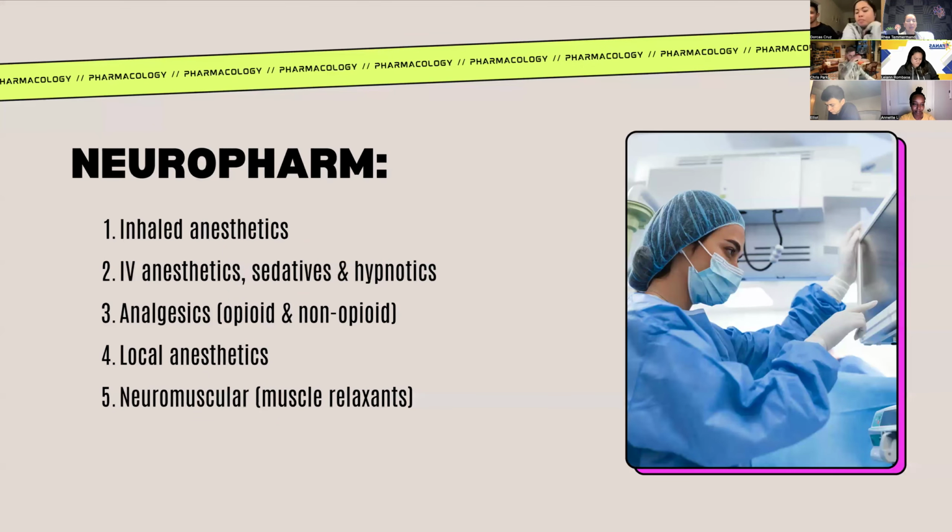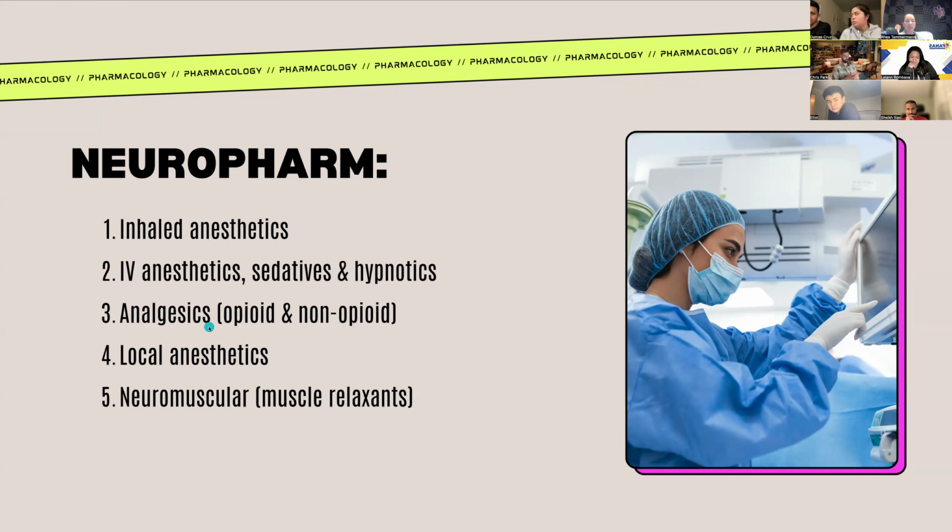Neuropharmacology. What are the top medications that we're going to use as CRNAs that relate to neuropharmacology? They are our general anesthetics, our pain medications, and our muscle relaxants. The main drug classes are your inhaled anesthetics and your IV anesthetics, and this includes sedative hypnotics that create full general anesthesia, and then the ones that give you lighter sedation, like your benzodiazepines.